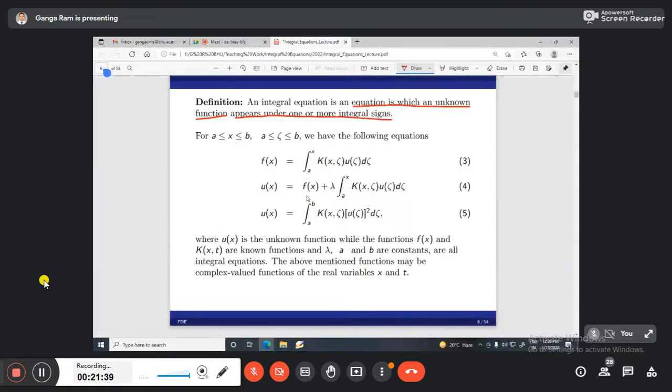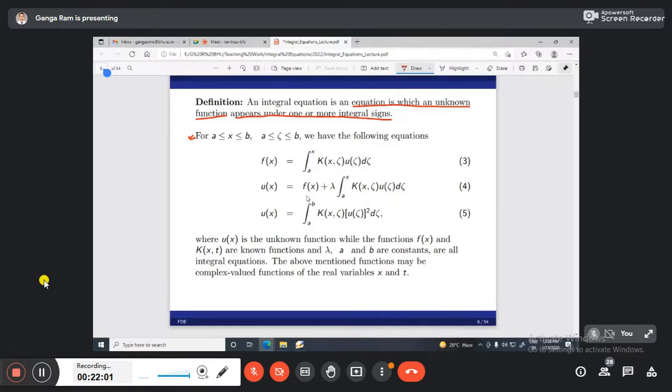Do you agree? This is the definition of an integral equation. Okay, the definition is clear: an equation is called an integral equation in which an unknown function appears under one or more integral signs.